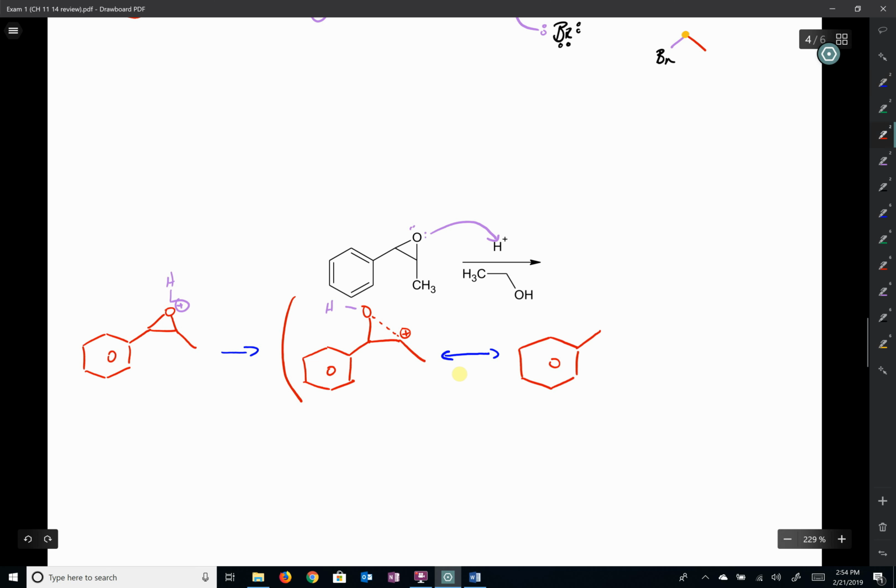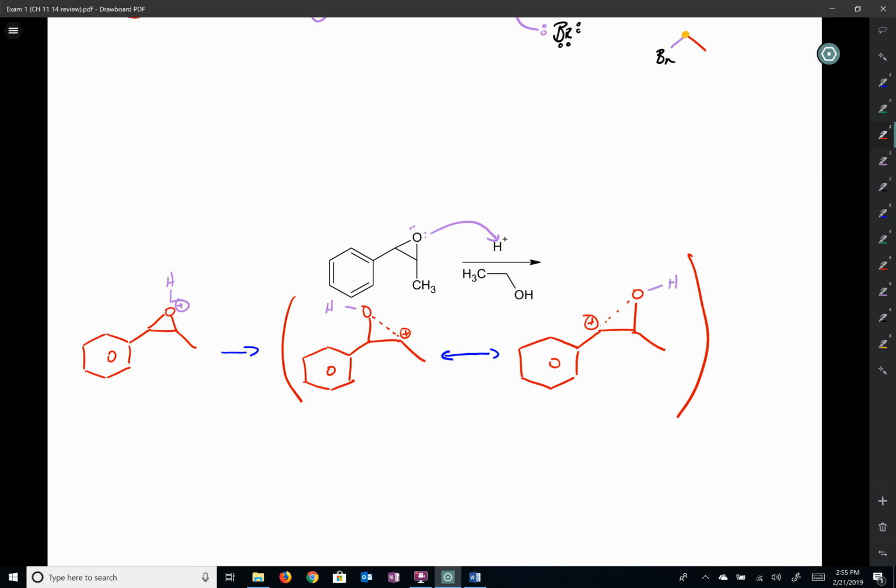So the oxygen is pulling to one side to relieve the strain by weakening the bond there, which I'll put with the dotted line, and leaving behind the positive charge. So under acidic conditions of ring opening, we have to pick which one of those positives is going to be the most likely to form.